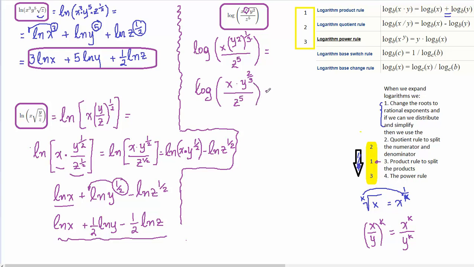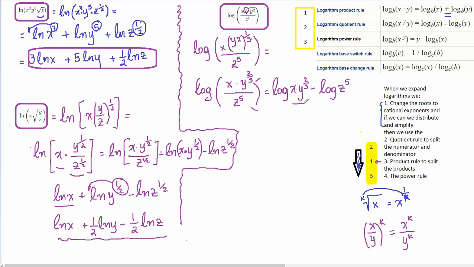Now this is more clean, and I can apply my quotient rule. So I can separate the numerator from the denominator using the quotient rule. Log of x times y to the 2/3 minus log of z to the 5th.